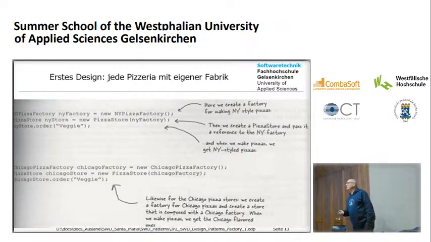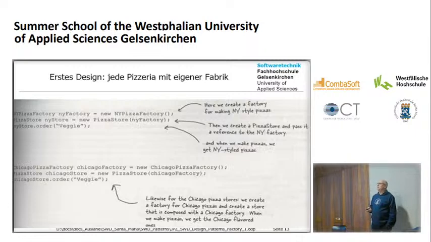Okay, first design is we make every pizza with its own factory. The New York Pizza Factory makes New York pizza, and the Chicago Pizza Factory makes Chicago pizza. And you can order, for example, veggie pizzas in each of these pizzerias.